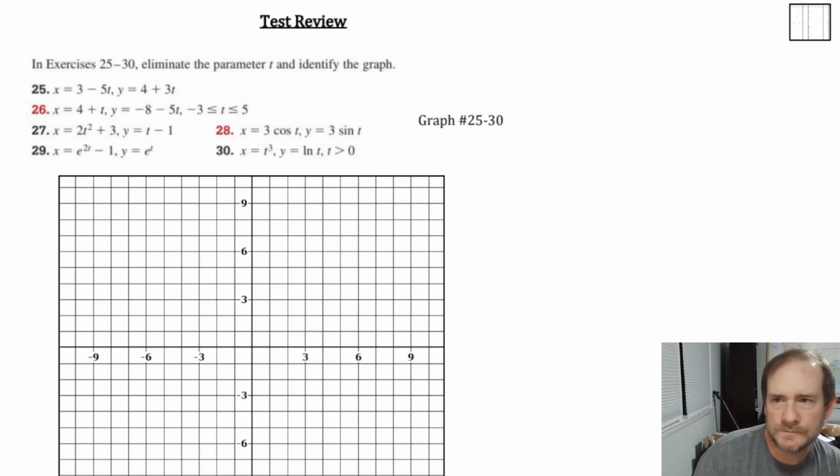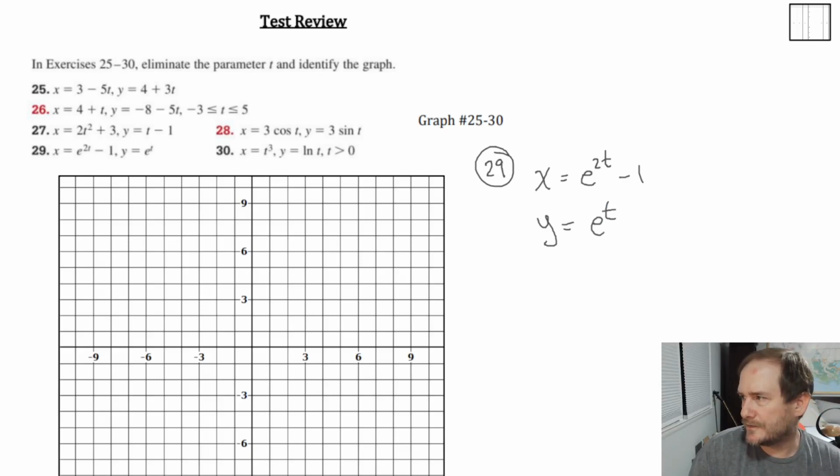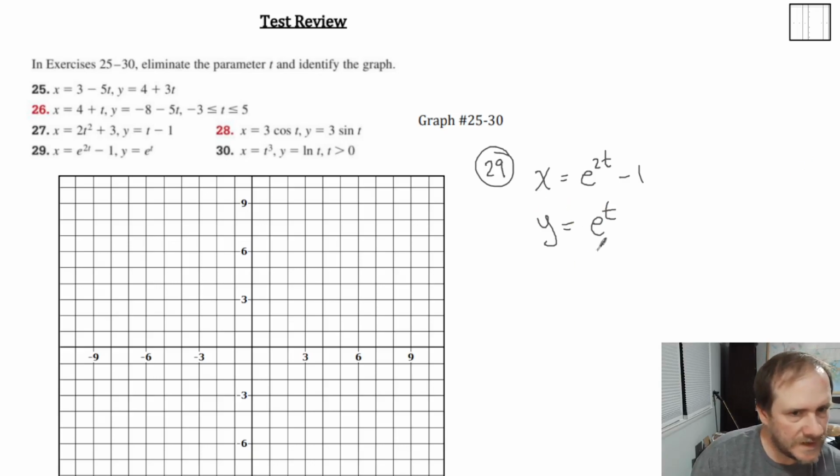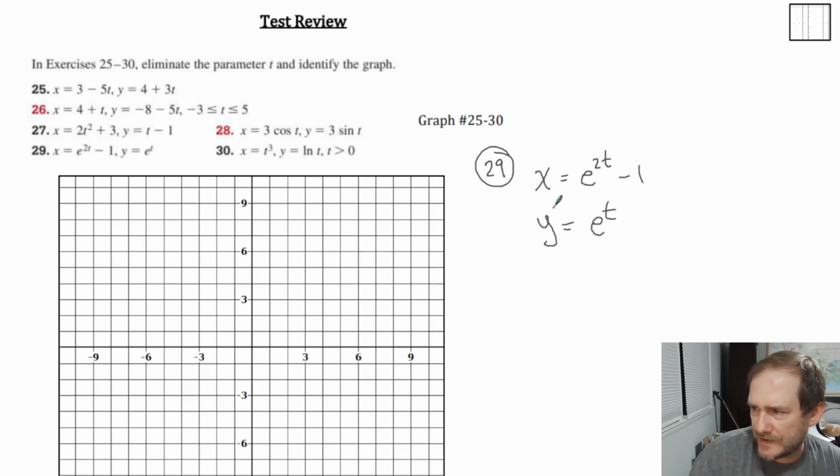Okay, so 29. For this, I would definitely put this into rectangular form. It says right down here that e to the t is equal to y.